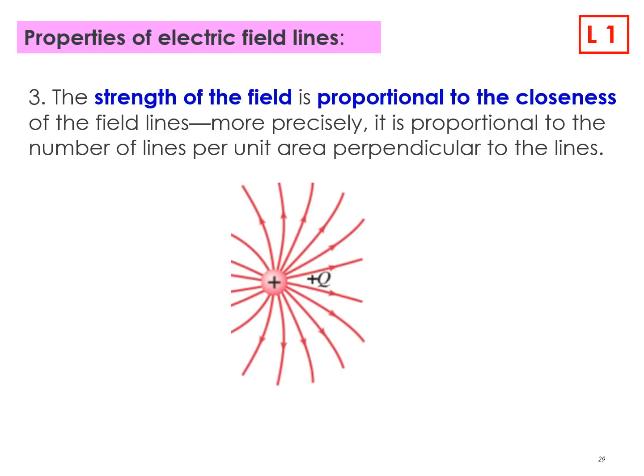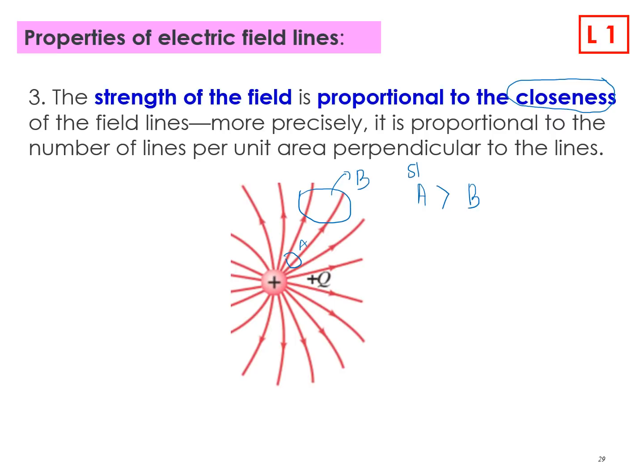If you look carefully, there is closeness. This part I label part A, and this is part B. So the strength of the field at A is greater than B.